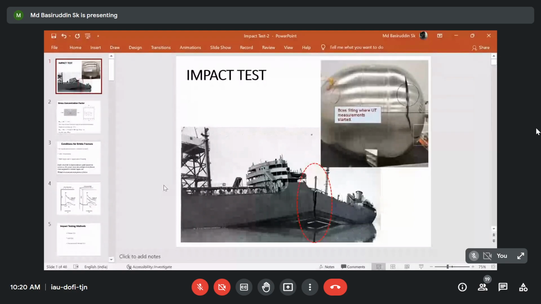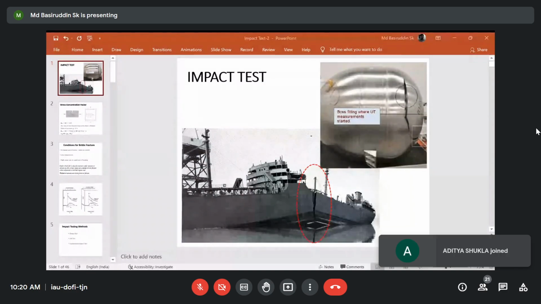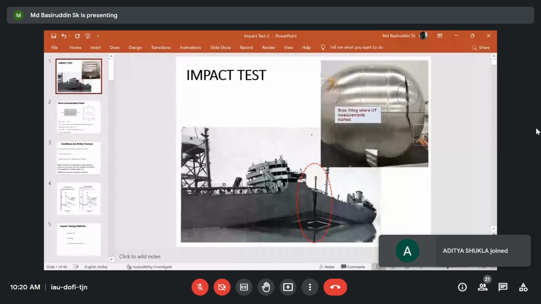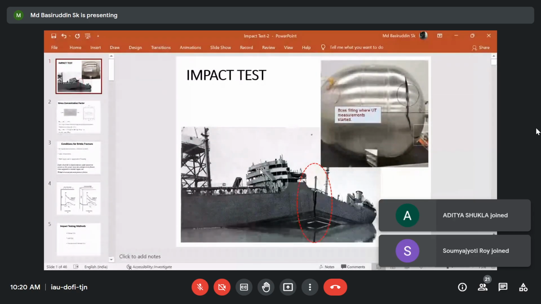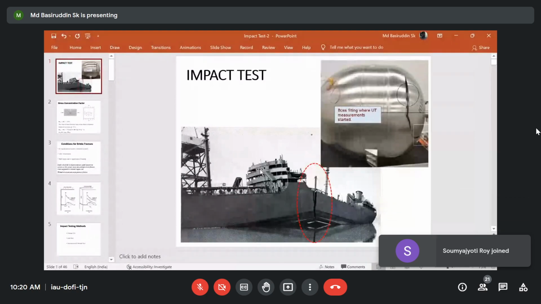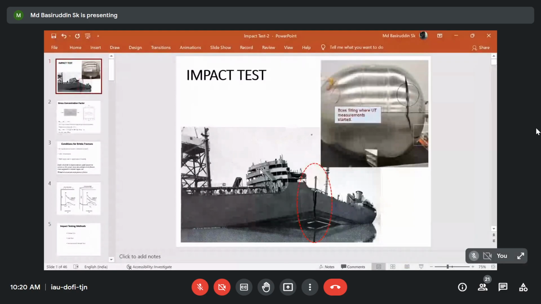Here are the two most distinguished examples which reflect the material behavior under impact loading conditions. In the literature you can find an example where a ship broke into two parts in the Second World War.